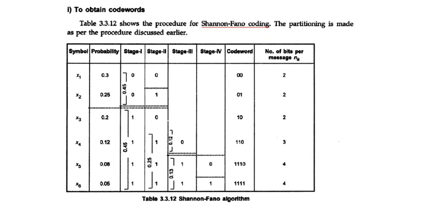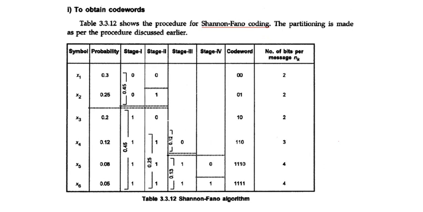Now in Shannon-Fano coding, we should partition these symbols into groups with approximately half of the probabilities. So x1, x2 combined have a probability of occurrence 0.55 and x3 to x6 will have a probability of 0.45.